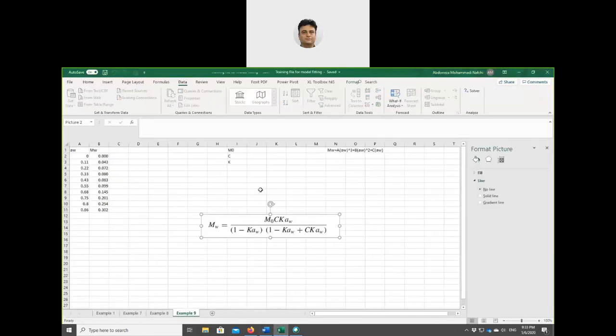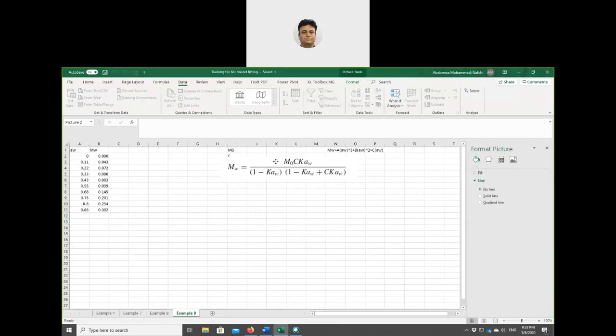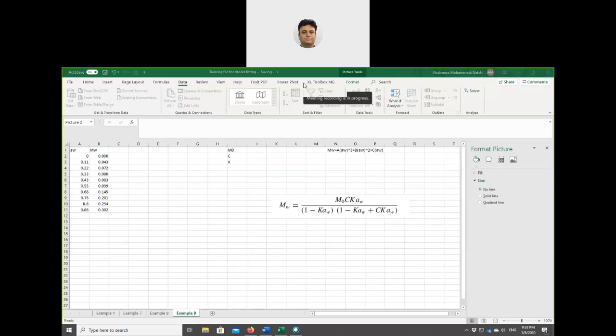Okay, I am opening example 9. I have these two models.